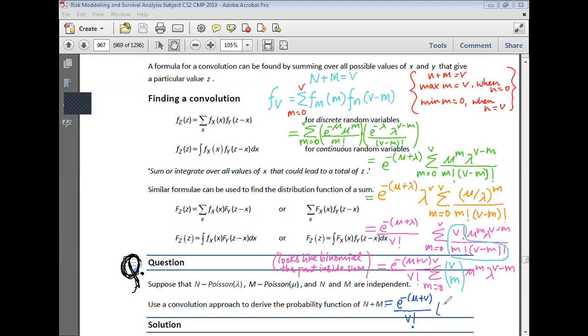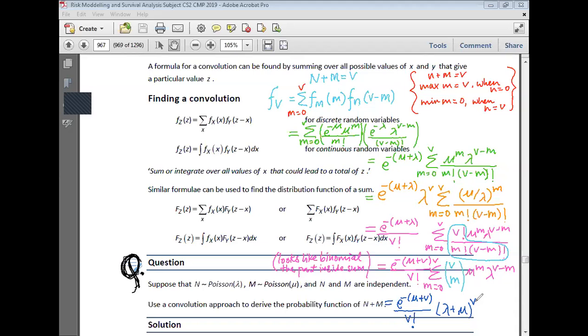Exactly right. So it would just be (lambda plus mu) raised to v. Instead of n, we have a v here, right? Okay, so this is what you get at the end. And can you further simplify this thing now?